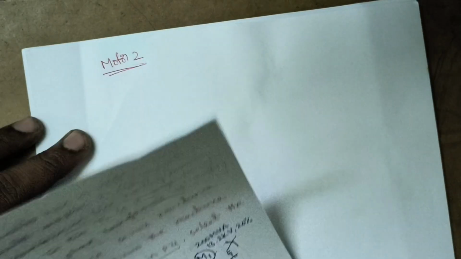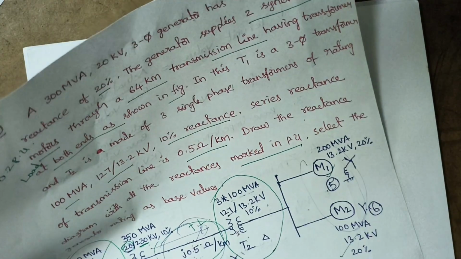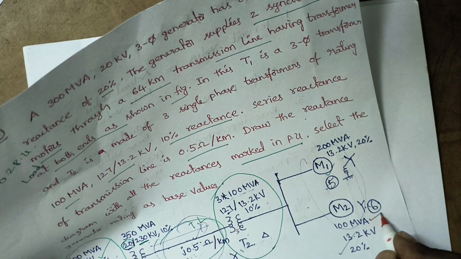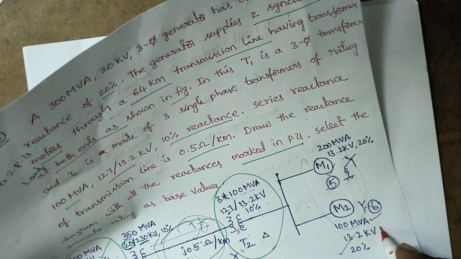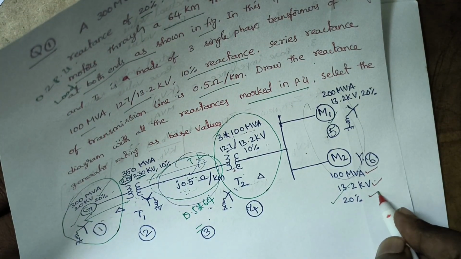And what are the old values he has given? The old values are like this: MVA base is 100, KV base is 13.2, and XM2 old is 0.2, that is 20%.